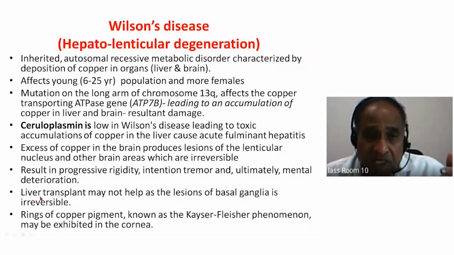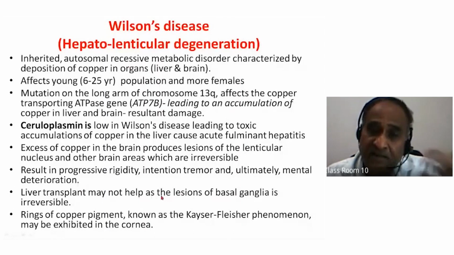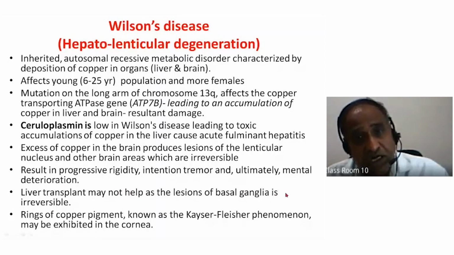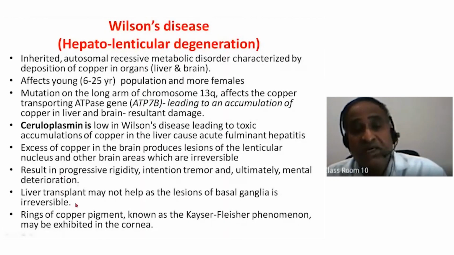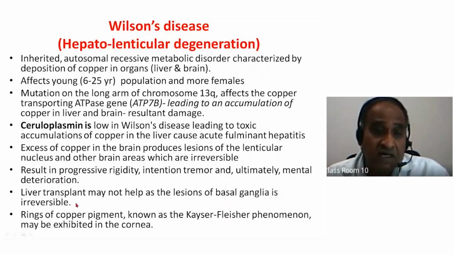Now, liver transplant has been attempted in such disease, and that helped whatever the metabolism is concerned. However, the basal ganglia disorders, which are produced earlier by the disease process, are irreversible. That means you cannot help him neurologically; metabolically, you can help him to reverse the liver functions.